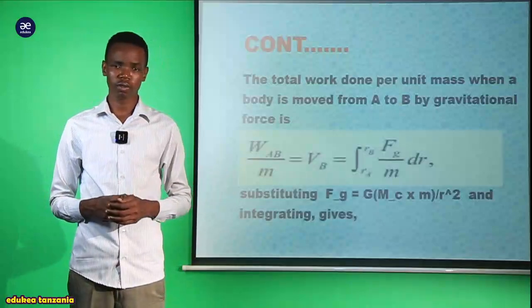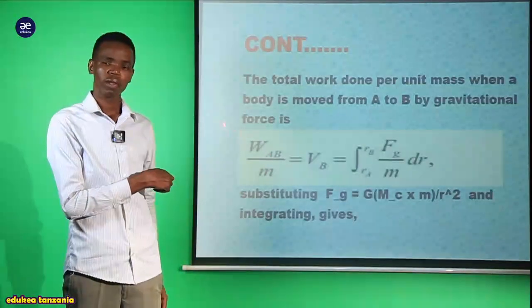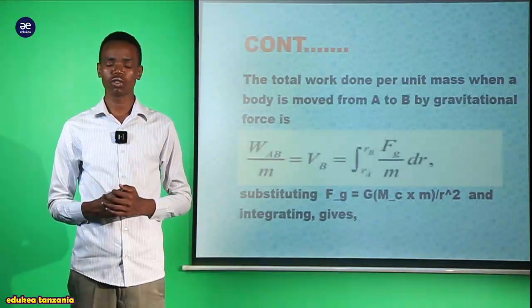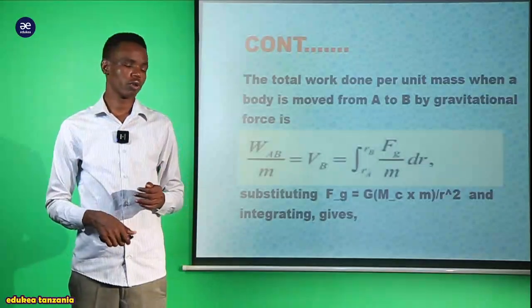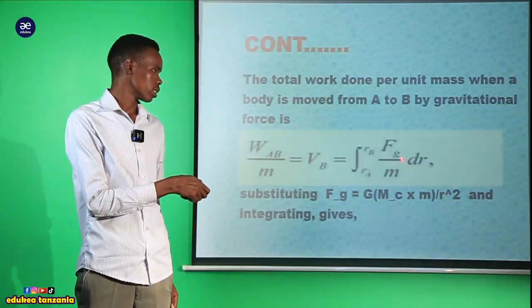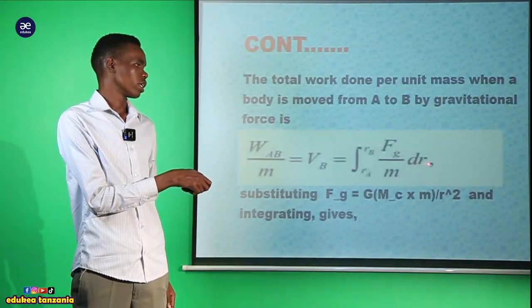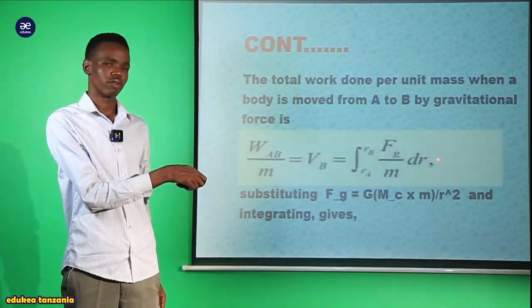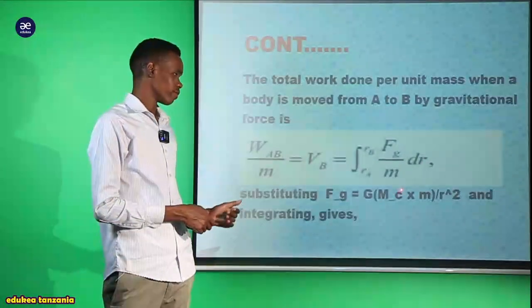If we define this work done from point A to point B, it should be equal to force times distance, that is, the gravitational force times the distance, but divided by the mass.